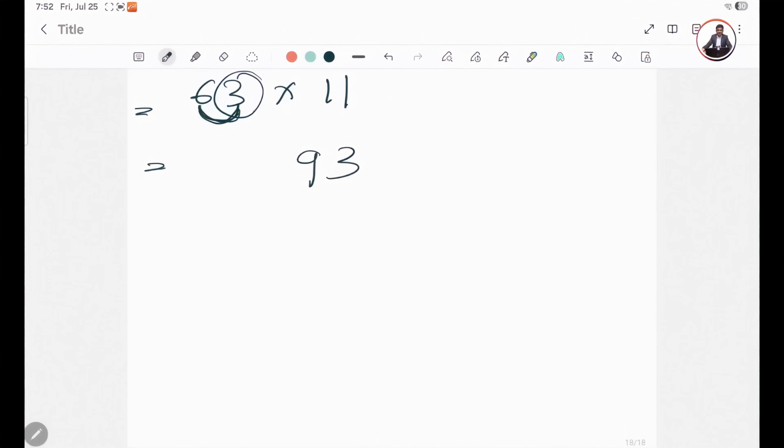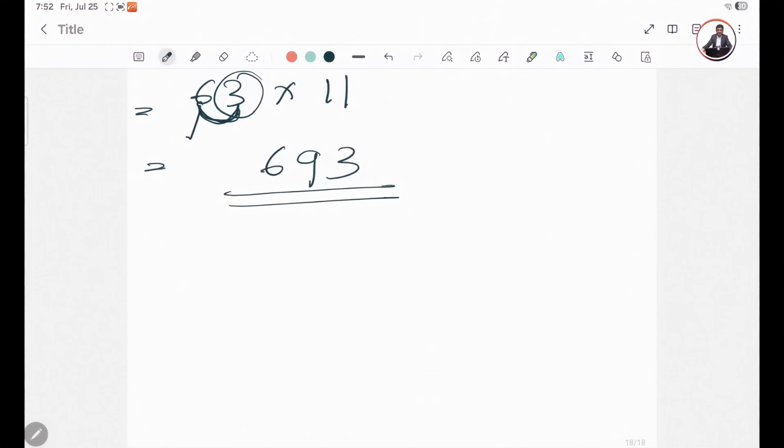And I give you a simple trick. If you want to multiply any number with 11, for example, 63, if you want to multiply with number 11, then what you have to do, you have to write this number here and then add those two numbers. 6 plus 3 is 9, and then 6 you can put it here.